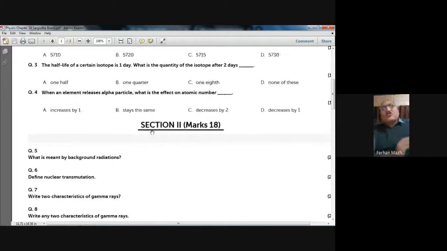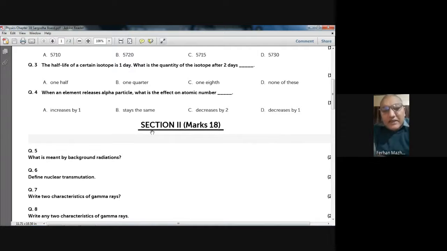Okay, the next question on your screen. When an element releases an alpha particle, what is the effect on the atomic number? Whenever the alpha particle is given out, the atomic number decreases by 2. Remember that.